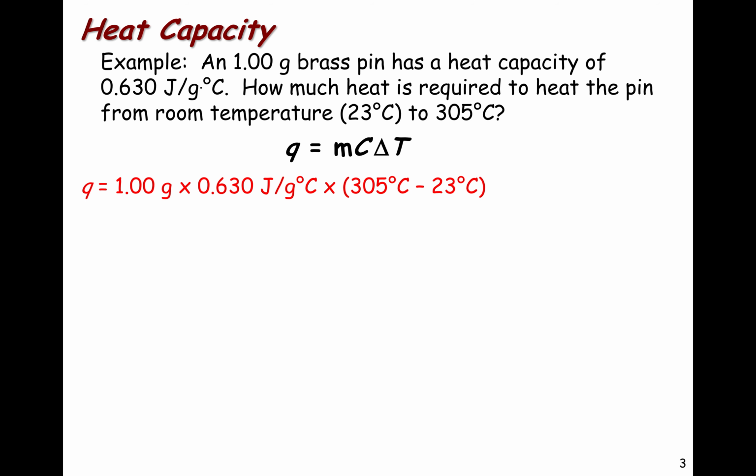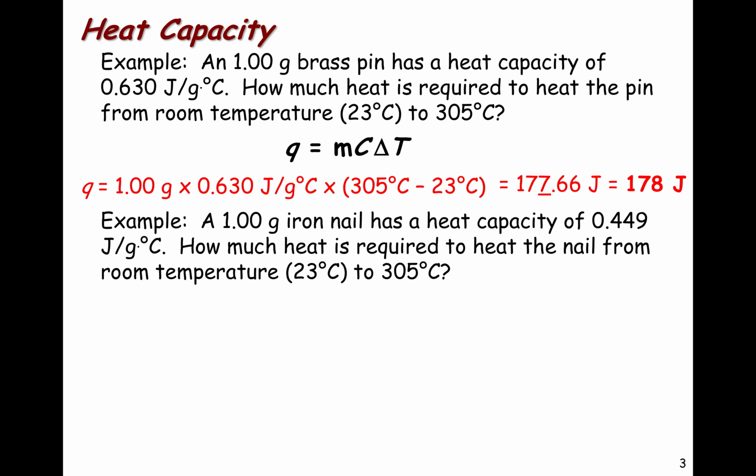We plug in the 1 gram, the heat capacity of 0.630 joules per gram degree Celsius, and then multiply by our temperature change, which is the 305, the final temperature, minus the initial temperature of 23. If we do our math, we end up with a value of 178 joules for heating the pin, and this would have 3 significant digits.